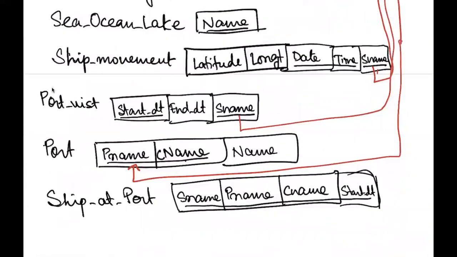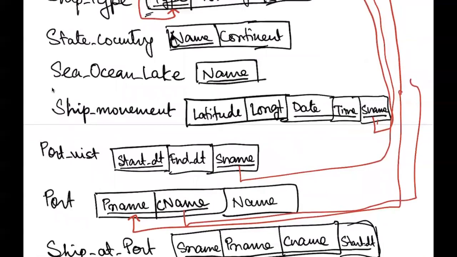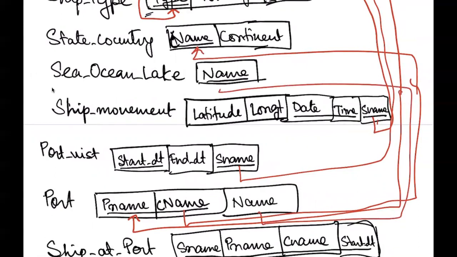Similarly, this name here is C name. C name here refers to country name, I think. Yes, this one. And this name here refers to sea, ocean, lake.